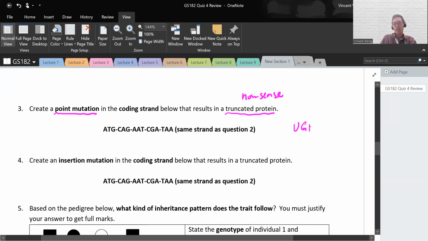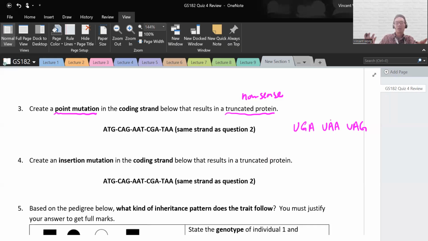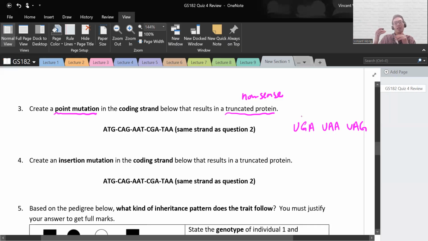It's UGA, UAA, and UAG, right? So this is again the RNA codon. And we want to think about what these codons are going to look like in the coding strand of a DNA, right? So the relationship between the RNA and the coding DNA is that you have to replace the uracil with thymine. So therefore, the stop codon in the coding strand should look like TGA, TAA, and TAG.